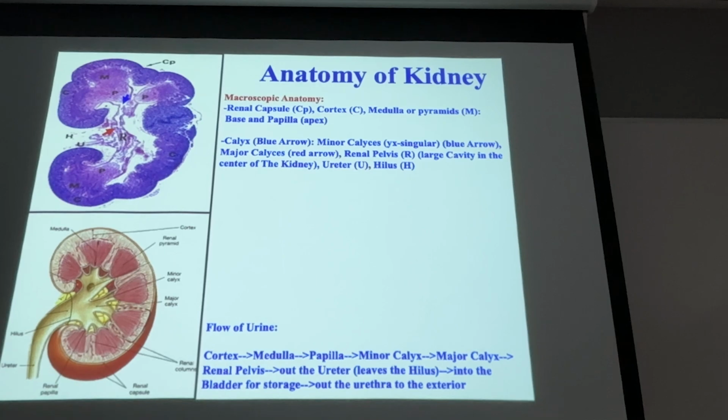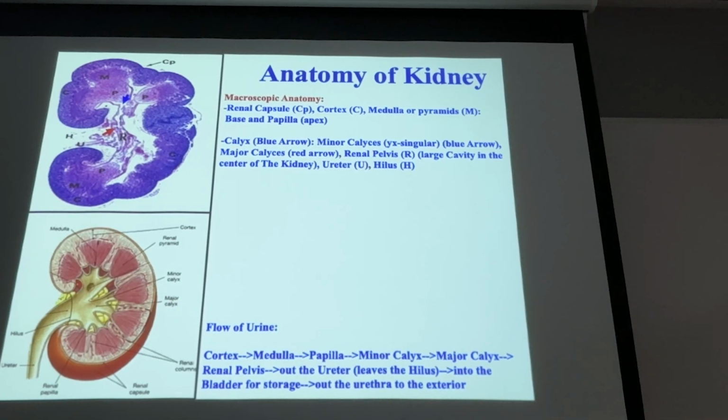So basically the way flow works here, an artery called the renal artery follows the ureter up and enters through the hilus, and as it comes into the kidney, it branches into a bunch of smaller arteries that move towards the periphery, towards the cortex.